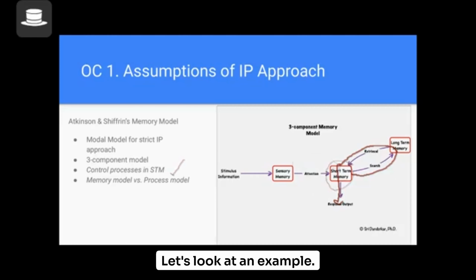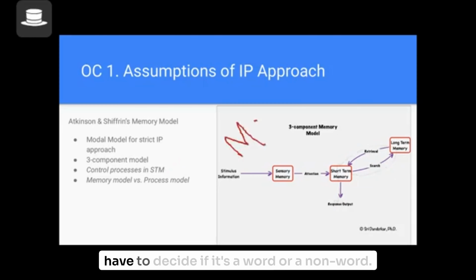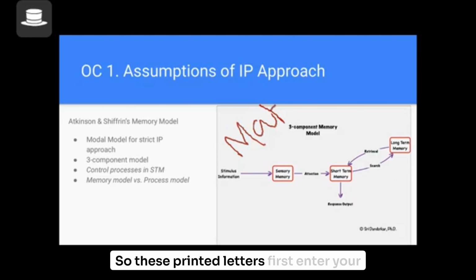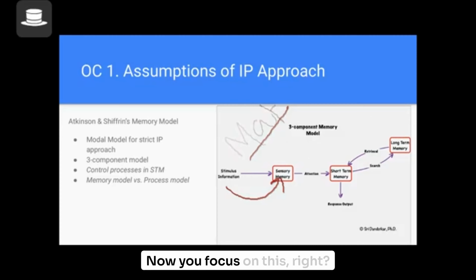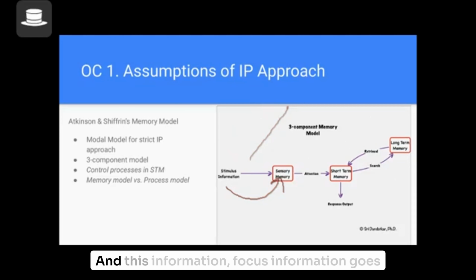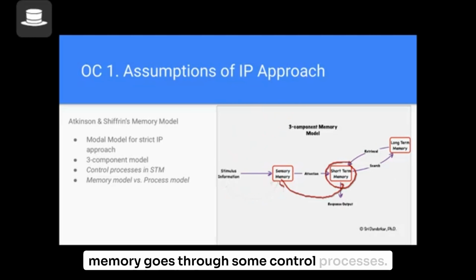Let's say I show you a string of letters, and the string of letters is MAT. And you have to decide if it's a word or a non-word. So these printed letters first enter your sensory system. In this case, it's vision, the eyes. So your eyes capture the printed letters MAT. Now you focus on this, and this focused information goes to your short-term memory. In short-term memory it goes through some control processes.